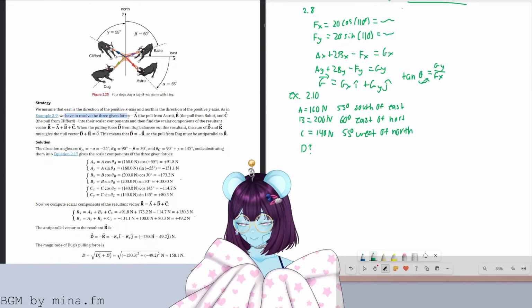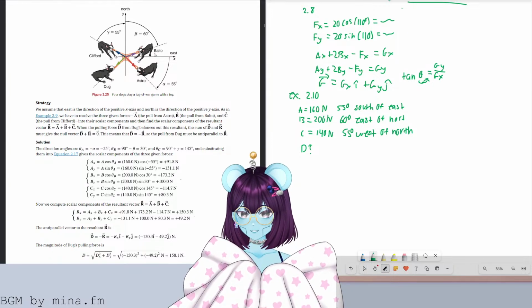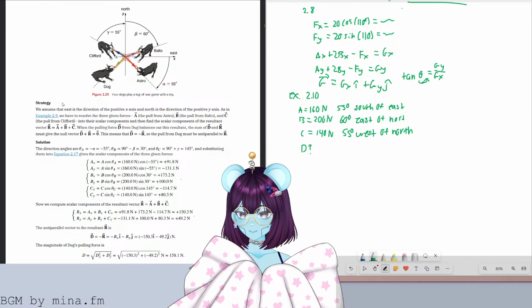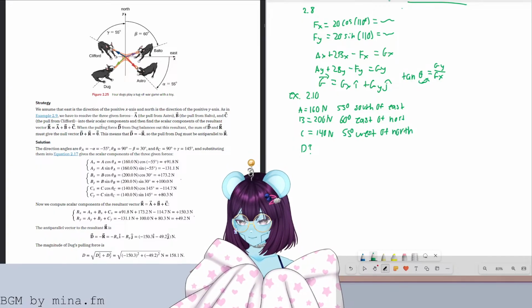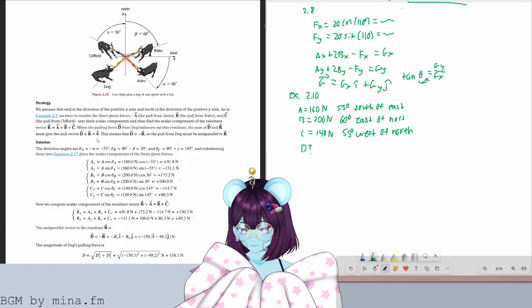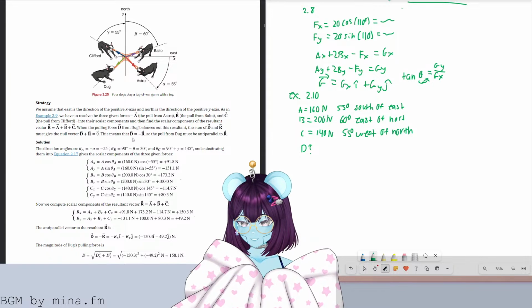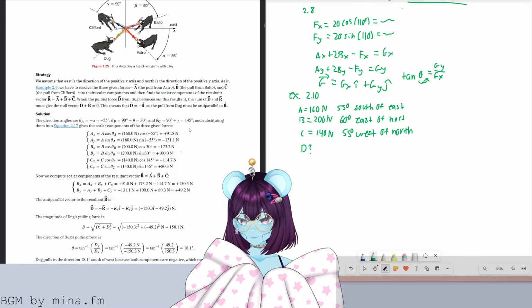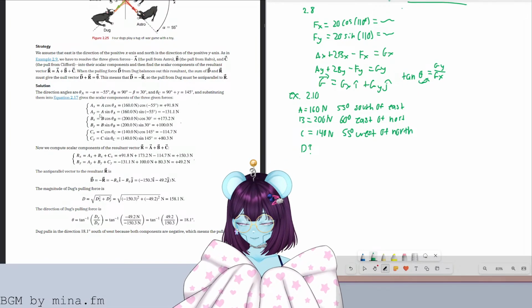We have to resolve the 3 given forces: A from Astro pulling this way, B from Balto pulling this way, C from Clifford, and then Doug is supposed to balance them out. Then find the scalar components of the resultant vector. When the force D from Doug balances out this resultant, the sum of D and R must give the null vector, so they should all equal 0. This means D is the negative of R, so the pull from Doug must be anti-parallel to R. So let's find the components.